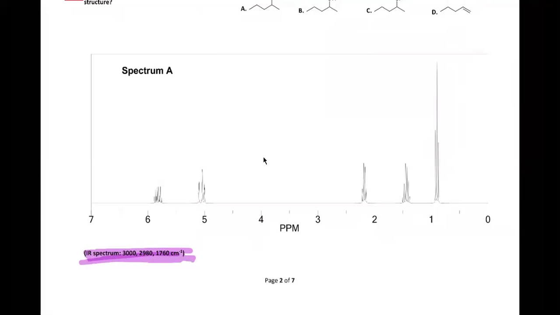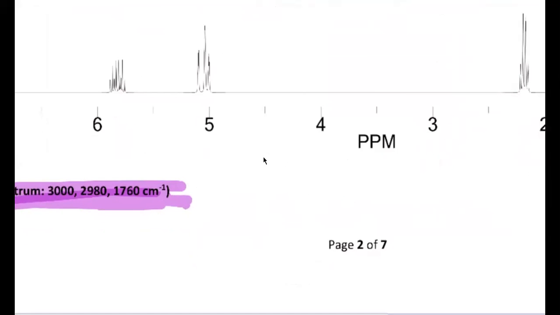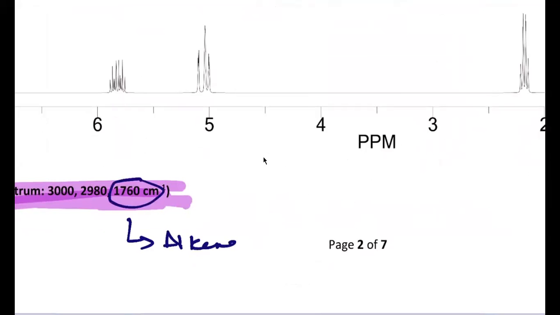A lot of times, one of the reasons you can't use infrared as the definitive method for determining a structure is because sometimes you have functional groups that overlap. So the 1760, that's your alkene stretch. And sometimes it'll overlap with the carbonyl stretch.